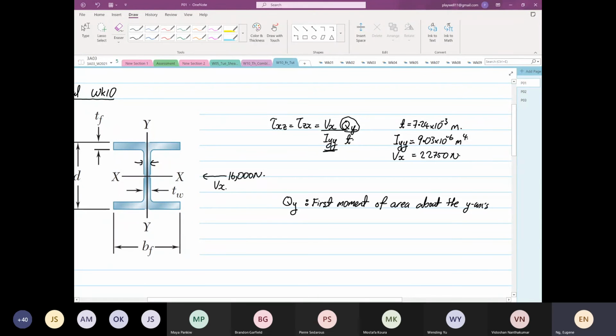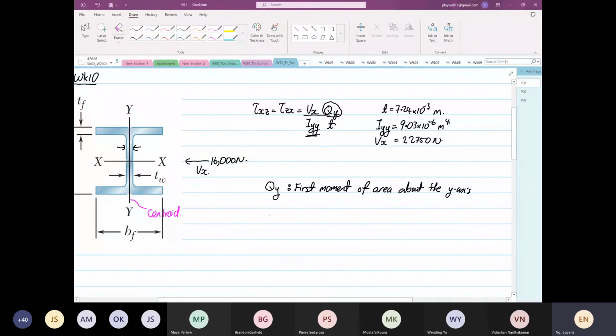We also are aware that yy is the centroid. So from here, Qy is equal to A x bar.